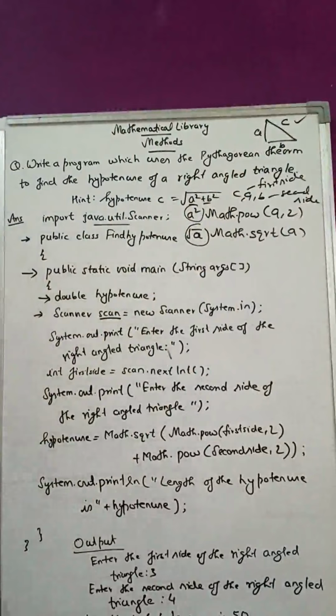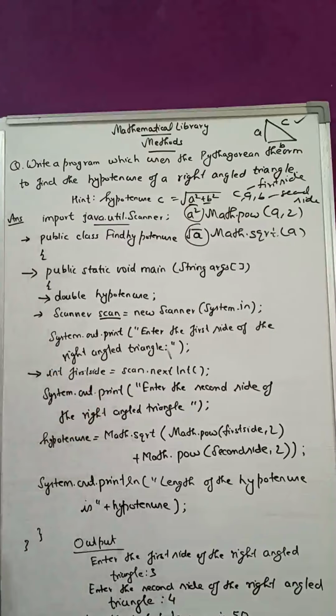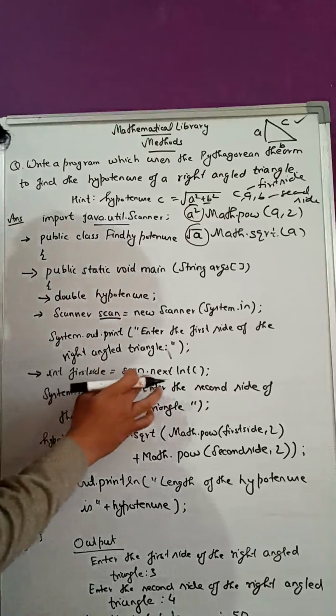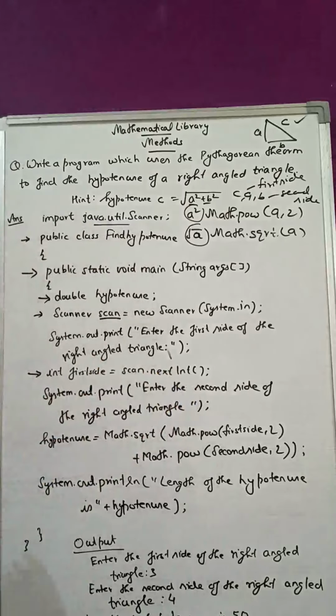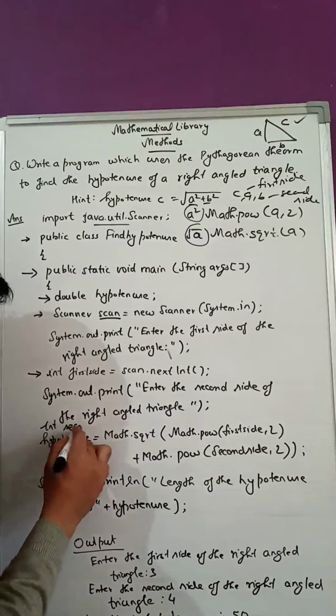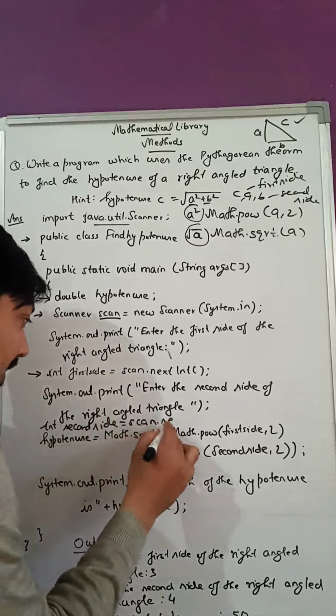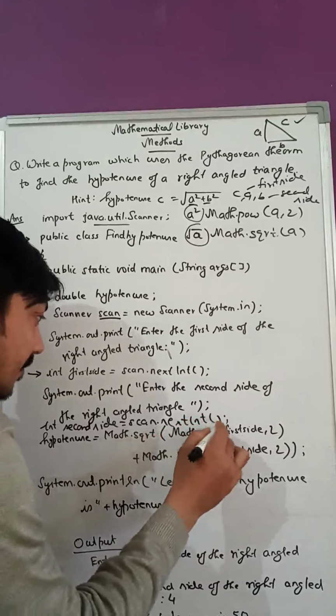So instead of taking the values as A and B, we have taken them as first side and second side. Now coming over to the program, we have first initialized the value for the first side variable using the scanner variable, that is scan.nextInt. In a similar way we will do it for the other variable also: int second side is equal to scan.nextInt.